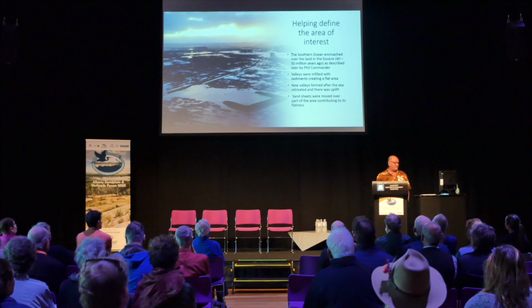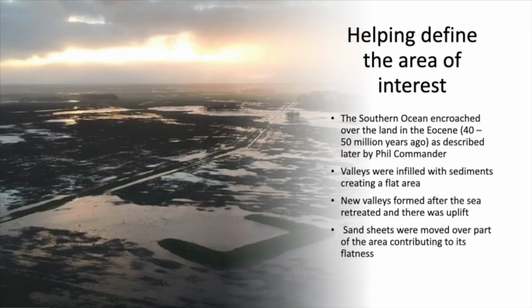So the area of interest, I guess some of it was introduced. The Southern Ocean encroached over the land in the Eocene 40 to 50 million years ago, as it's going to be described by Phil Commander later in the session. The valleys are infilled with sediments, creating the flat terrain, and then new valleys were carved into this terrain after the sea retreated and there was uplift of the land.